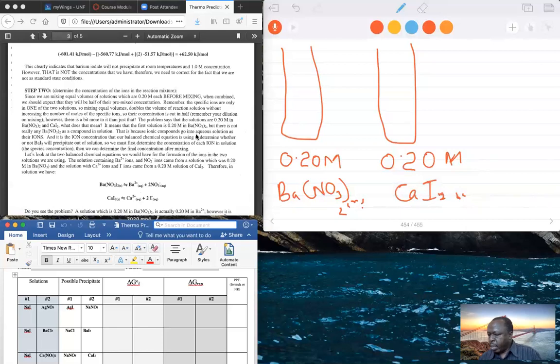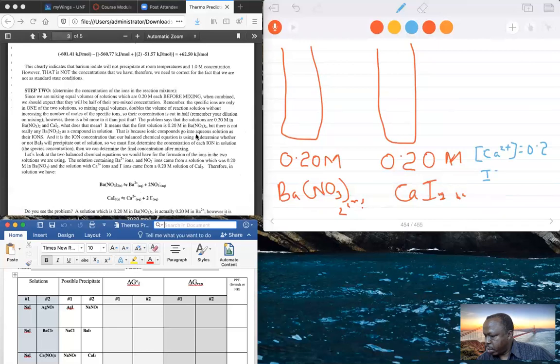Before you mix the solution, you need to know the concentration of each ion. Calcium here is 0.2.